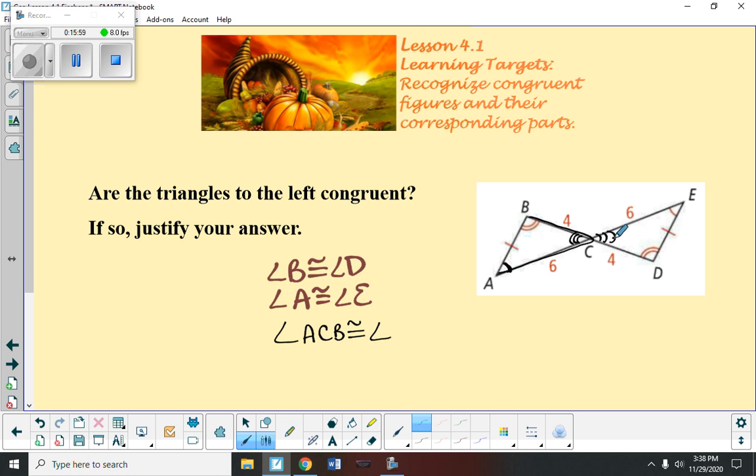So when I name this angle over here, I have to start with the angle that corresponds to angle A, which would be E. So that would be angle ECD. So those angles are congruent because of vertical angles, or I could have just said vertical angles are congruent.